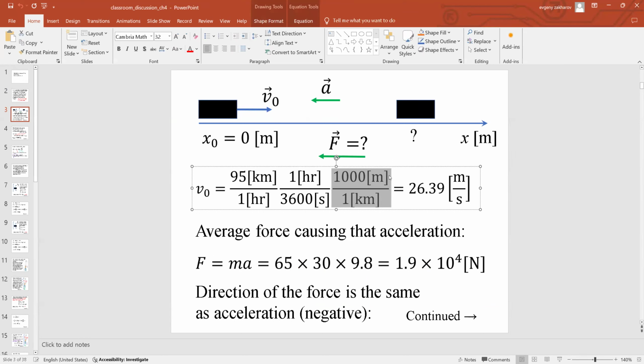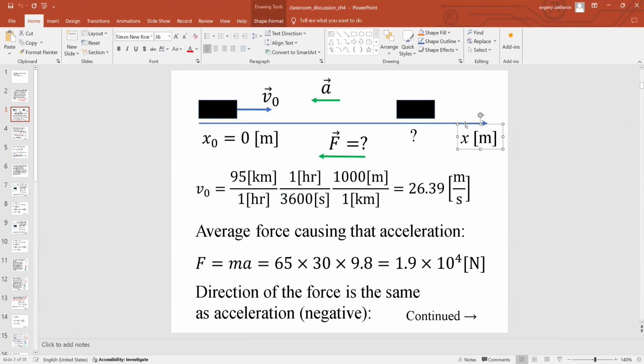Kilometers cancel, and you're left with meters. Now hours cancel. Hours go on top, so hours cancel. Seconds go to the bottom, so it's meters per second. That's what we are left with. That's exactly the units for System International. So your 95 is multiplied by 1,000 and divided by 3,600. That's the conversion.